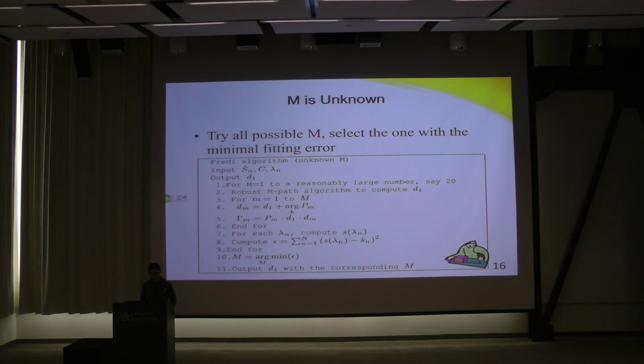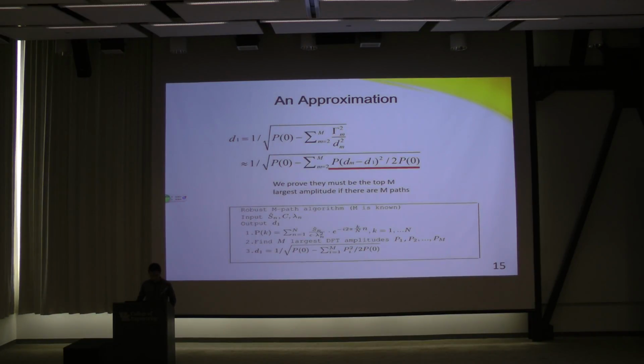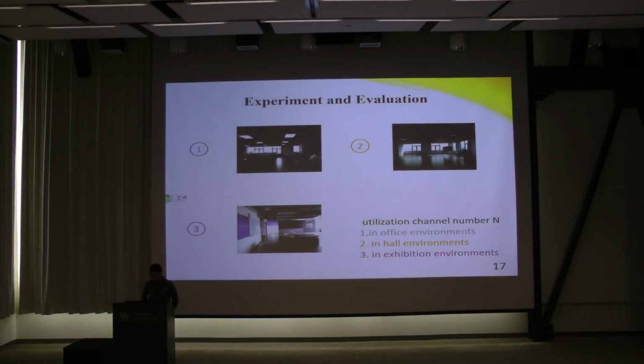And because in the indoor environment we do not know how many paths there are, M is unknown, and we use this algorithm to estimate how many paths there are between the sender and the receiver. After we get M, we put it in the above equation.